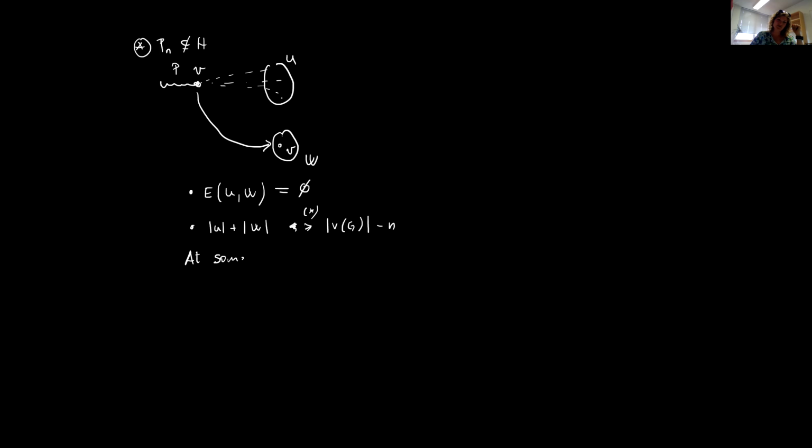So at some point we'll have the property that U equals W. So at some point we'll find these two sets which have no edges between them because of property 1, and they're large because of property 2. So again, the point is that a very weak sense of expansion implies long paths.